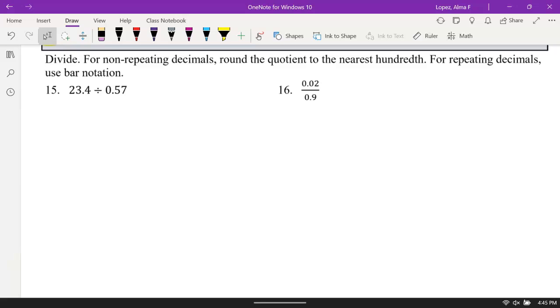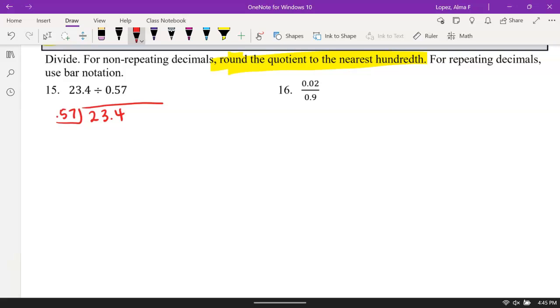Let's look at these, and on these, they want us to round to the nearest hundredth. So that means we've got to keep 3 decimals so we can round to the hundredths place. So let's do it. I'm going to divide 0.57 into 23.4.